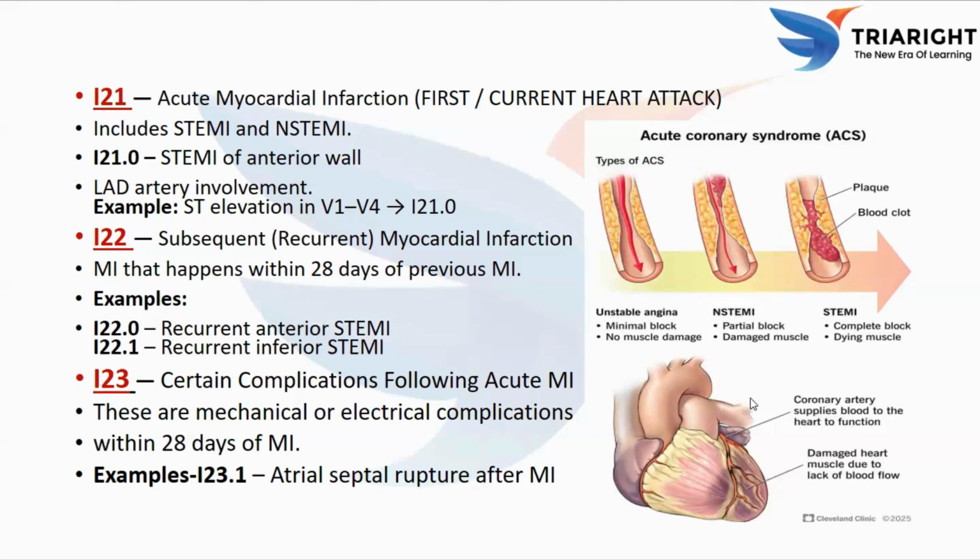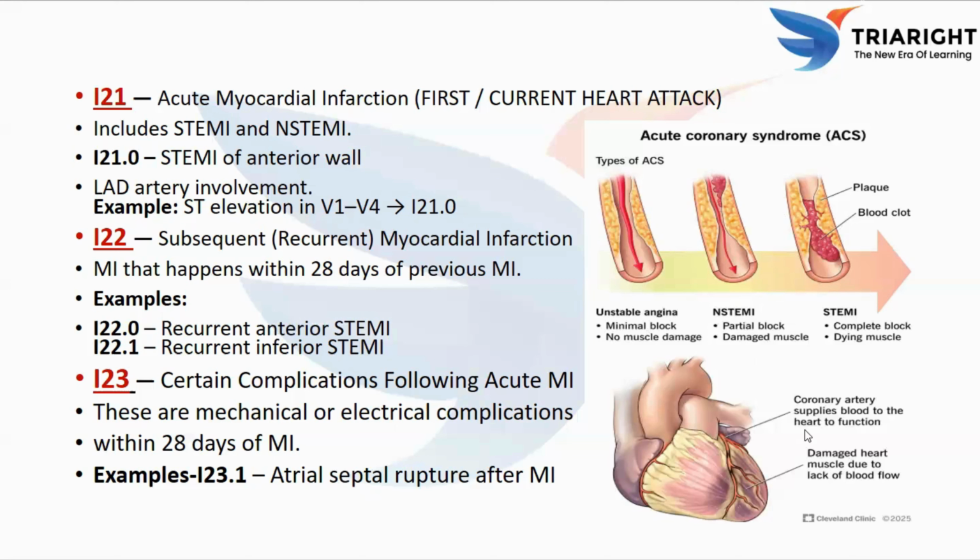It also shows NSTEMI, a partial blockage of the coronary artery, which you can clearly see in the picture. Whereas STEMI is a complete blockage. You can see the formation of plaque and blood clot, the pink colored part in the center. These are the differences between unstable angina, NSTEMI and STEMI.